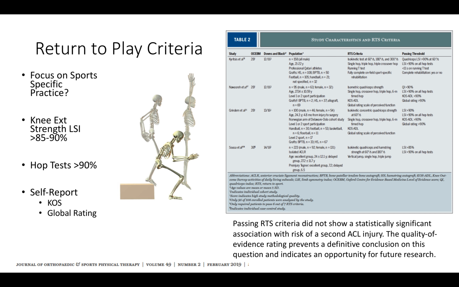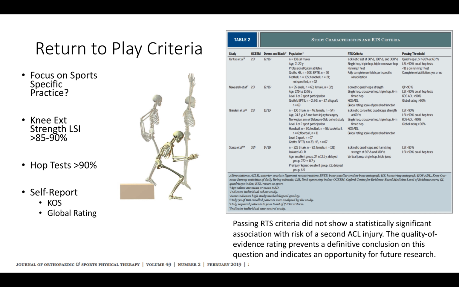So at a clinical level, the return to play criteria still focuses on some of these tests that we're now calling into question. And that includes limb symmetry during knee extension strength, the hop tests and symmetry during those tests, even though we know that they're much less demanding than something like running.